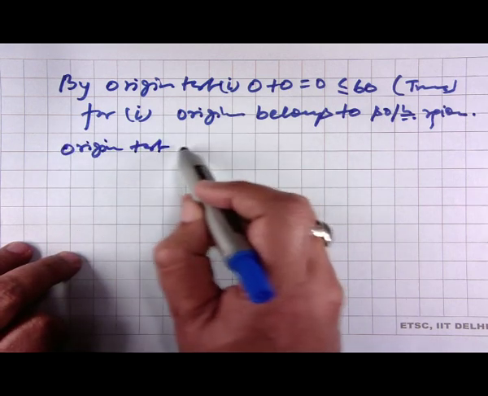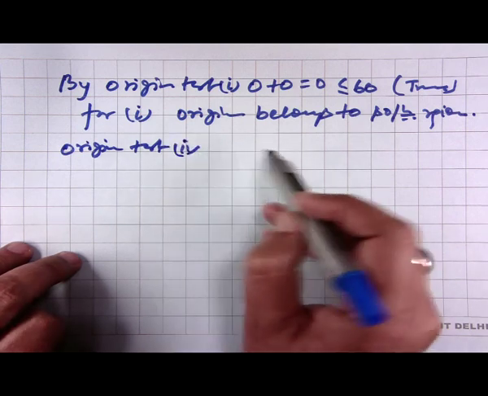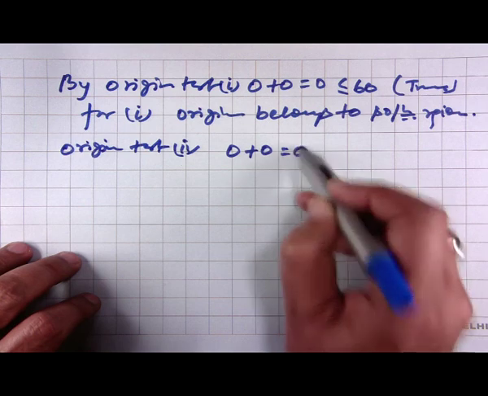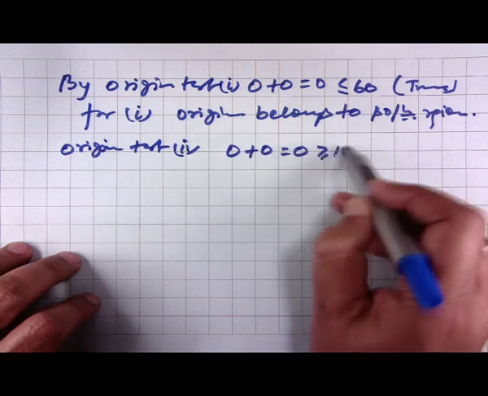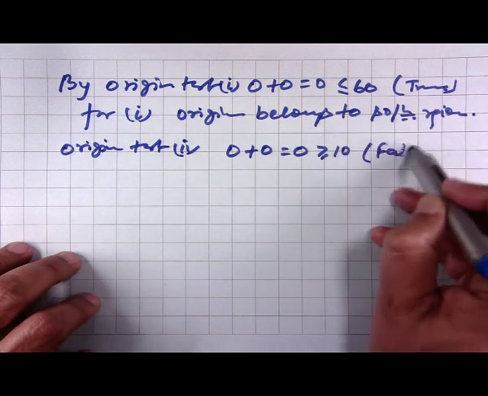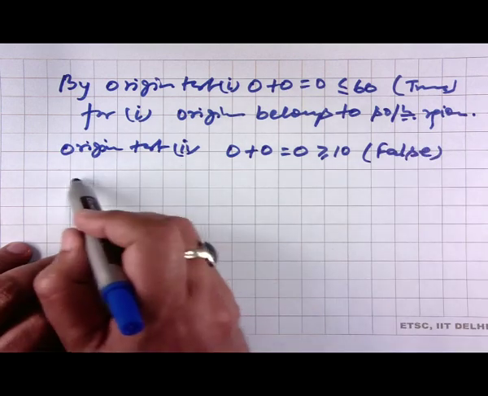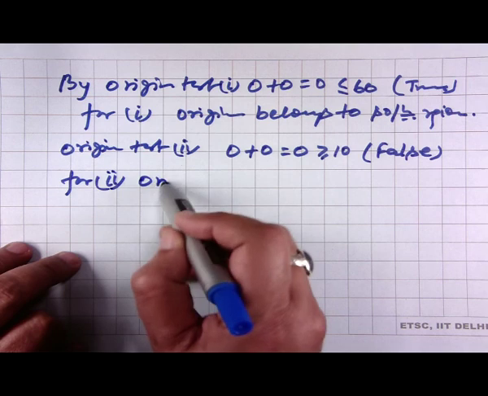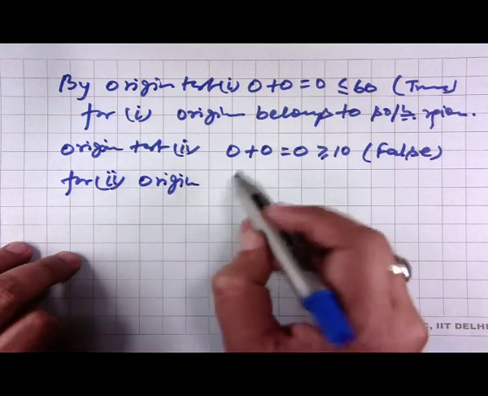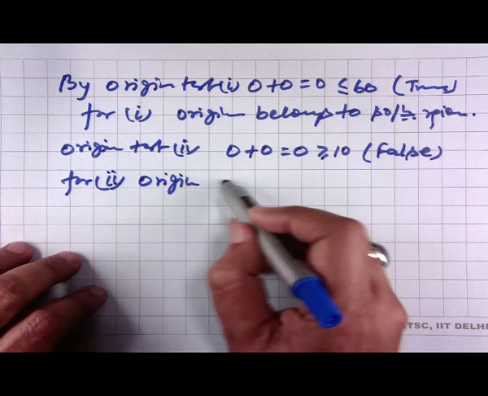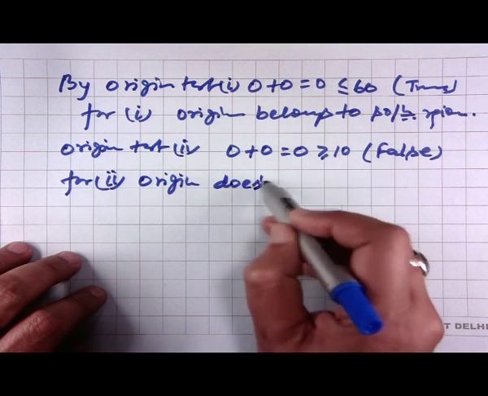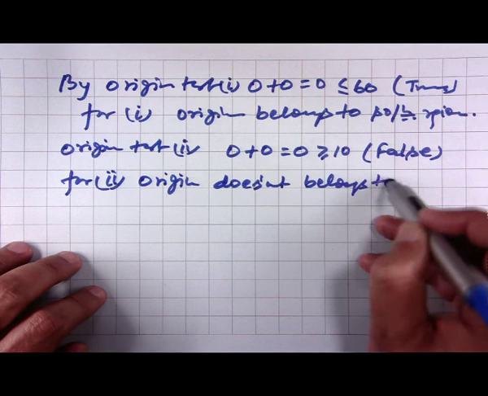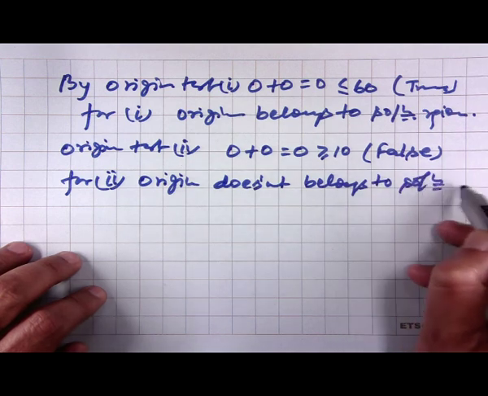Origin test for the second: 0 plus 0 equal to 0 greater than equal to 10 is false. So for the second, the origin doesn't belong to the solution region.